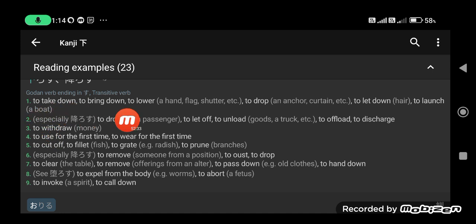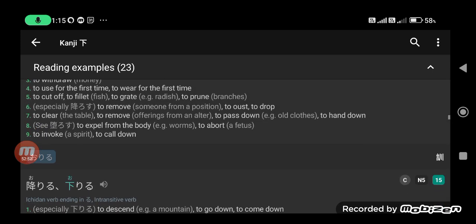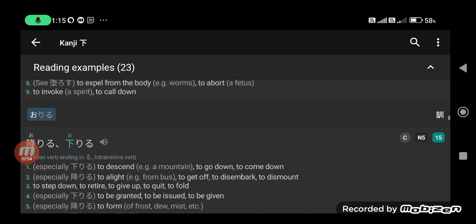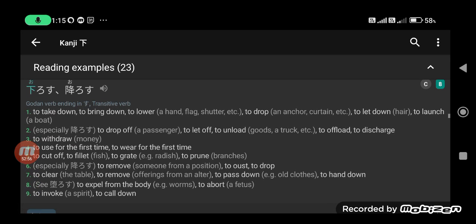So we indicate these gray fonts here for you to select the right choice of words, the right choice of kanji, for the right kind of meaning and the right kind of situation. So please just screenshot this one. Orosu.